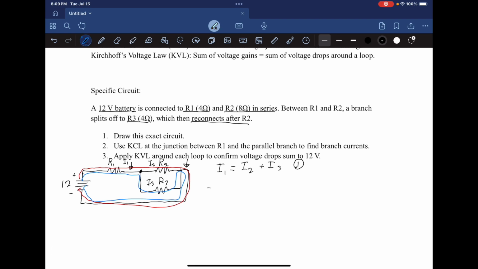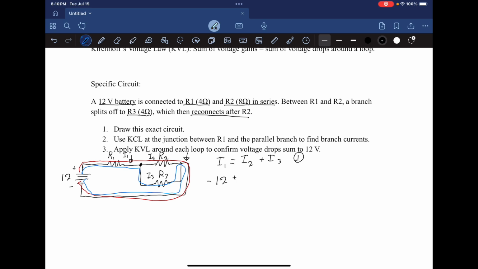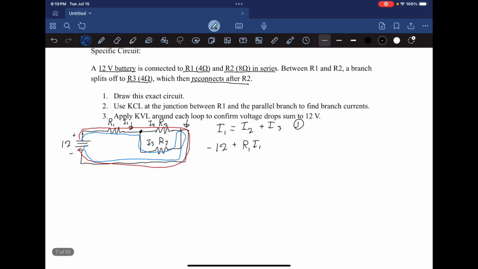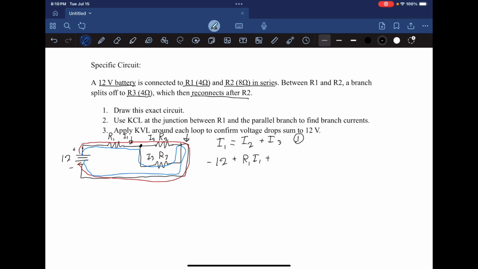We have negative 12, which is this here, our voltage drop, plus resistor 1 times the current that runs through resistor 1, plus resistor 2 times the current that runs through resistor 2 equals 0.